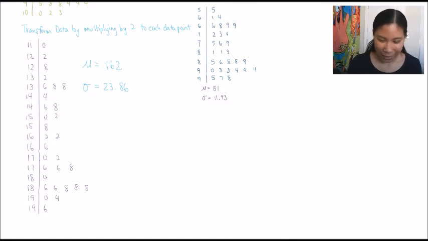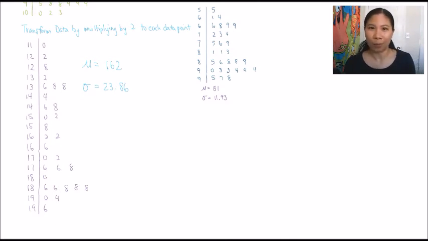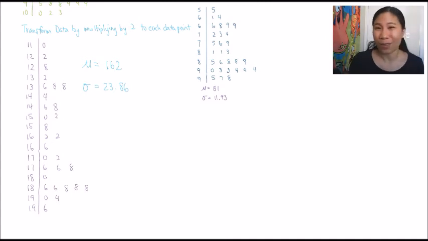So in this case, whenever we multiply or divide a data set by a constant, the mean and the standard deviation also get multiplied or divided. Divided also works because when you're dividing by something, you're really multiplying by the reciprocal. So it makes sense.